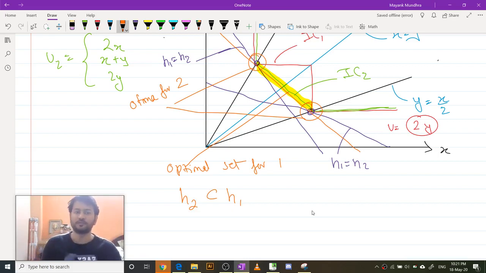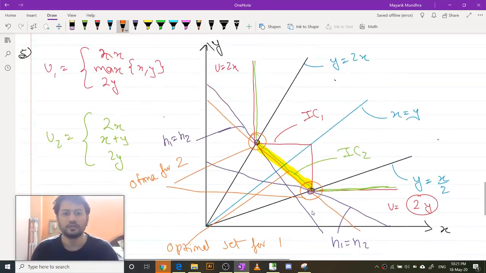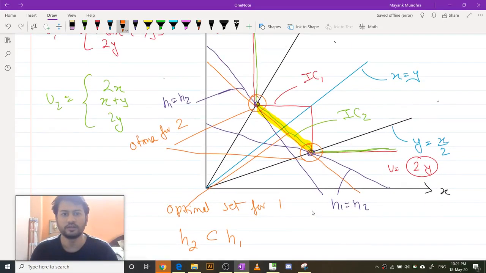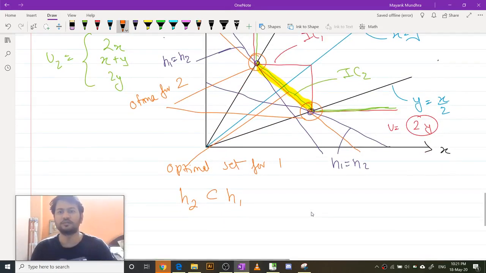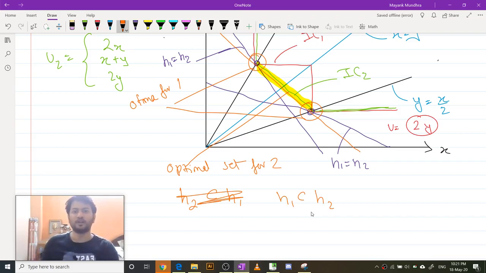Sorry, this is for agent 1. Sorry, my bad. This is the max function, right? So this is for agent 1 and this is for agent 2. So what you have is H1 is a proper subset of H2. The optima for H1 are 2 points, whereas the optimal set for 2 is this entire section. This entire section becomes optimum. So that's why you have either this situation or this situation or this situation.